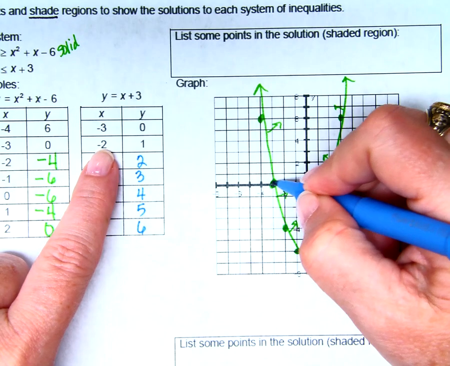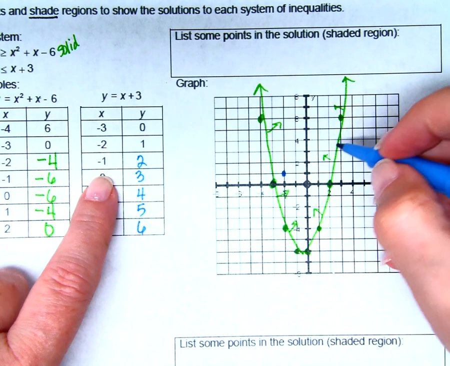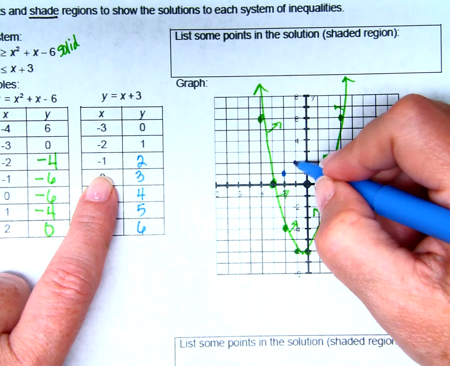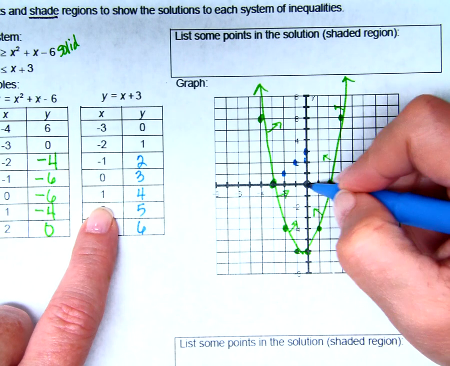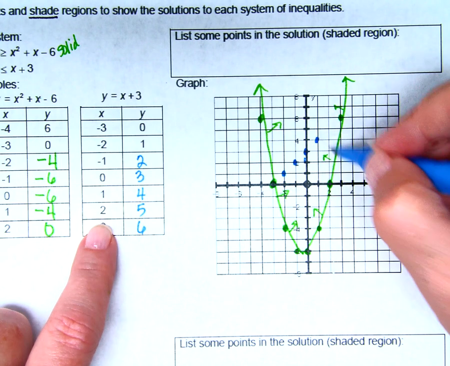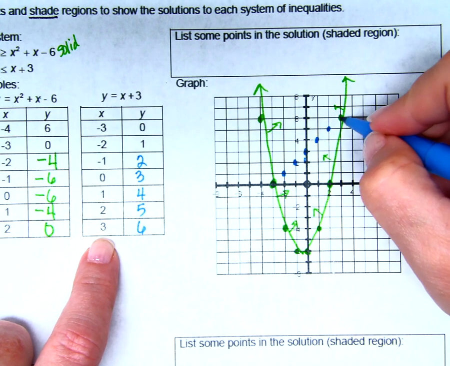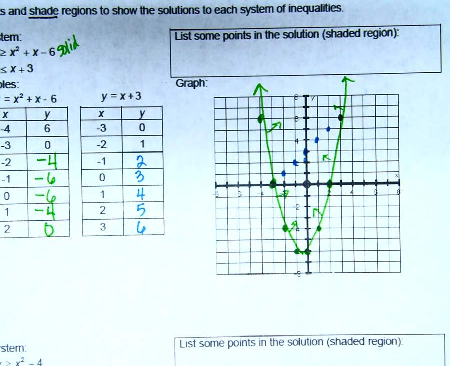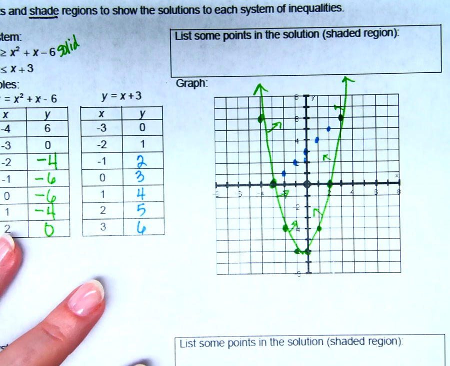-3, 0, -2, 1, -1, 2, 0, 3, 1, 4, 6. Are there some other points on this line that are not on the table, but I also know exist?